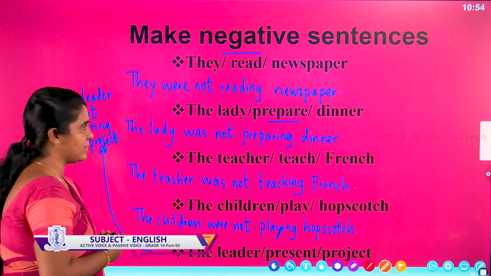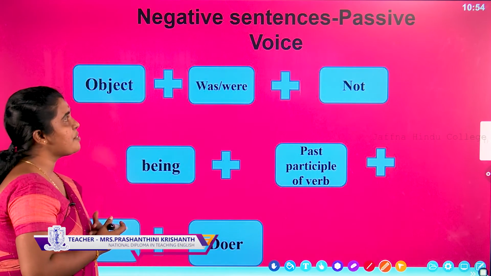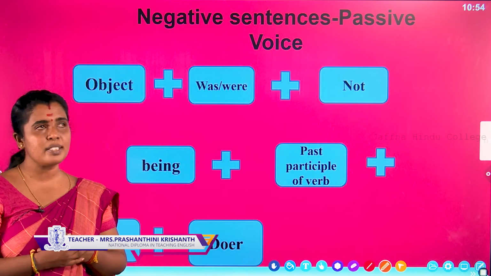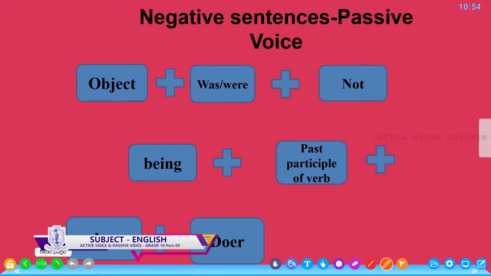Active voice pattern. Okay, the next one, negative sentences, passive voice, right? So passive voice, you know that we are going to take the object first. After that, was or were, suitable helping verb. Next, we have to add not. Why? Because this is negative sentence, not.